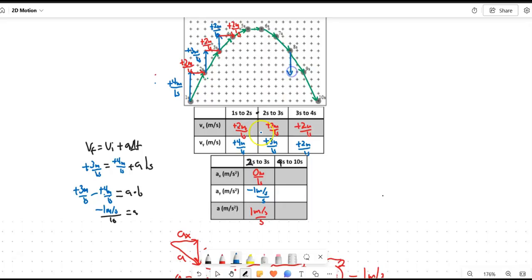It's going down, which is -3 meters per 1 second. So it's the opposite of this. And the acceleration is going to be moving to the right, +1 meter per second, right there.